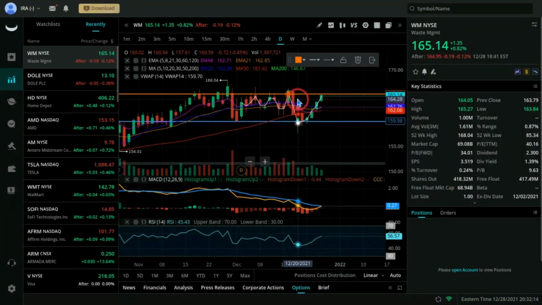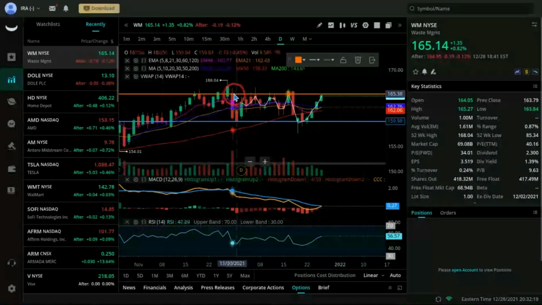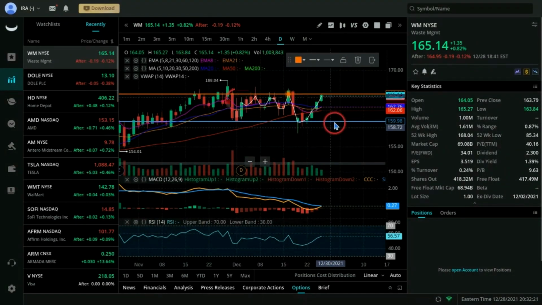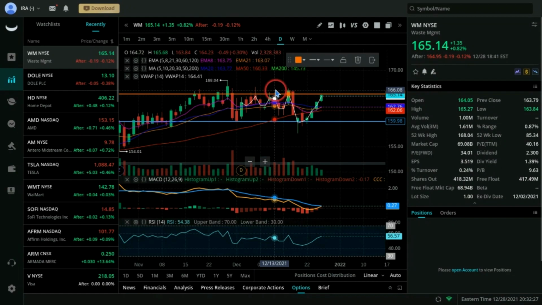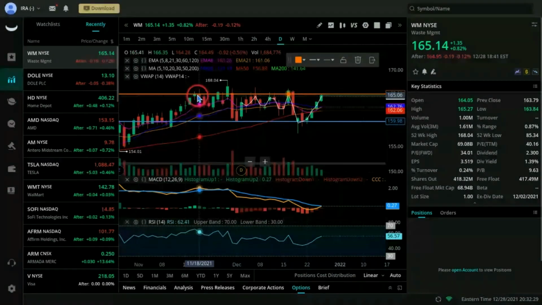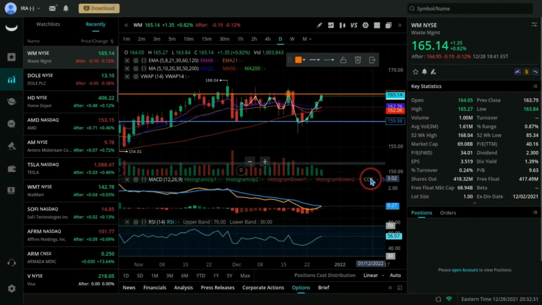Then you could just run across it and make sure that's a good resistance. It usually is. Yep, everything looks good. Got resistance from the current day, right here, right here, and right here. Okay, good.